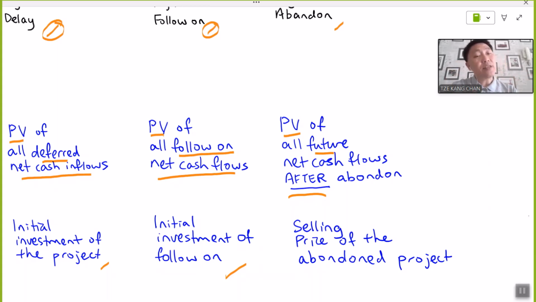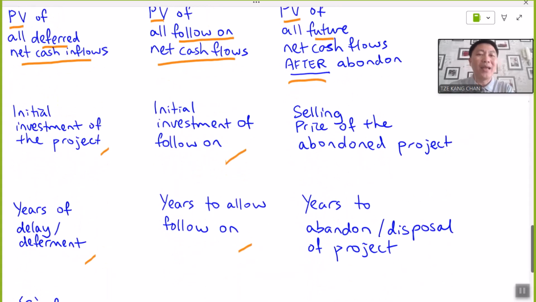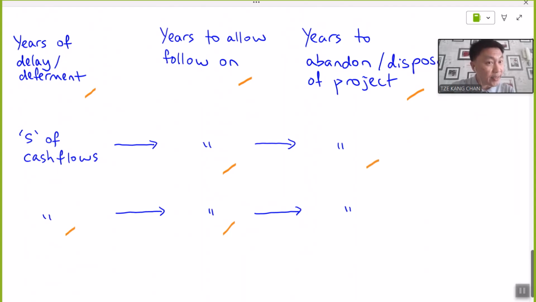And then, PE is represented by the selling price, or we can say the agreed proceeds from abandonment of the project. The proceeds, the selling price, would therefore be the exercise price. And last but not least, years to abandon or years to disposal of the project, volatility of the cash flow, risk-free return. These are the main components of data required to apply the pre-populated spreadsheet, namely the BSOP calculator, to apply the numbers directly and work out the figures correctly.